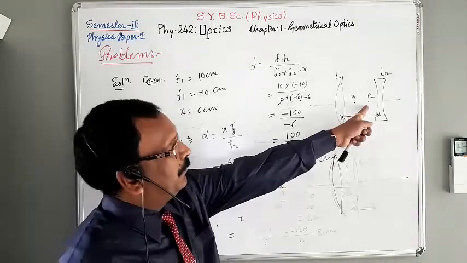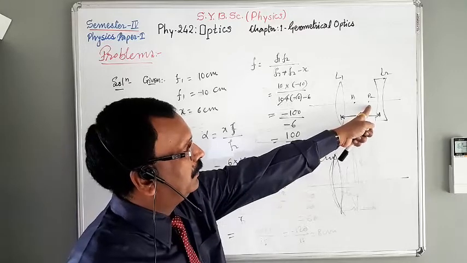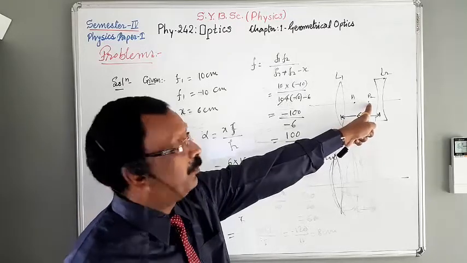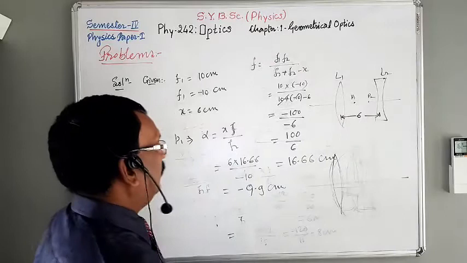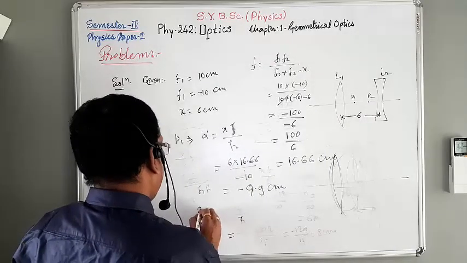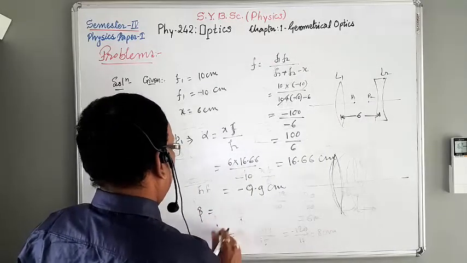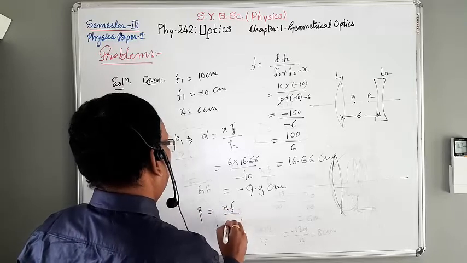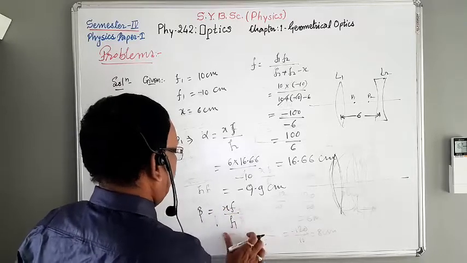Similarly, we will find the position of the second principal point P2 with respect to L2, that is, beta is equal to x f upon f1.